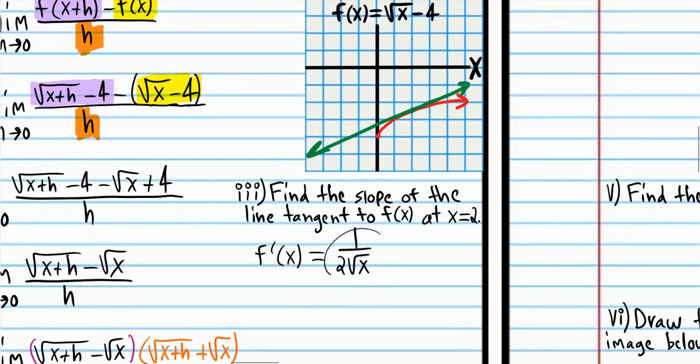If you recall, that was the answer to part 1 of the problem. So now they're asking for the slope of the green line when x is equal to 2. So we just plug in 2, and we're done. This blue number here, that's the instantaneous rate of change of the function when x is equal to 2. It's the instantaneous rate of change of the y values when x is equal to 2.